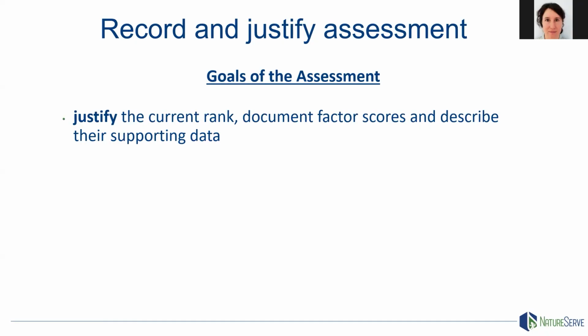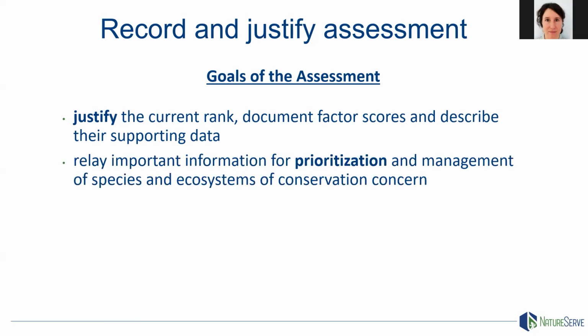We're justifying the current global rank, documenting factor scores, and describing their supporting data, and including a discussion of any difficulties or challenges in the assessment of factors. We're relaying important information for the prioritization and management of species and ecosystems of conservation concern. And we're educating a wide-ranging audience.